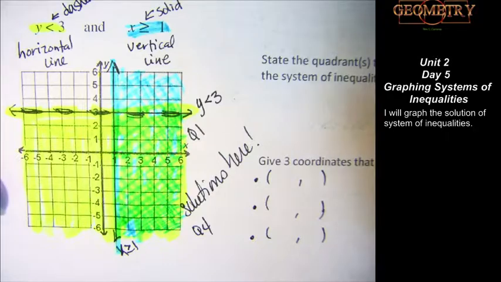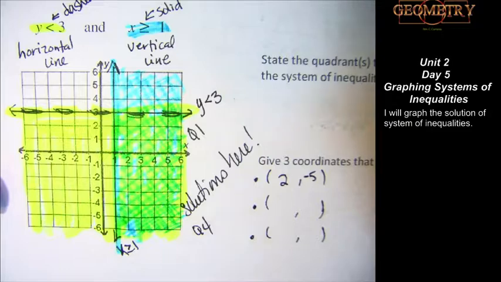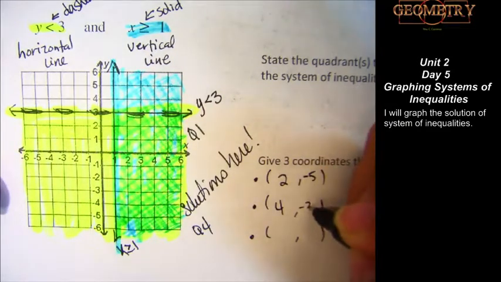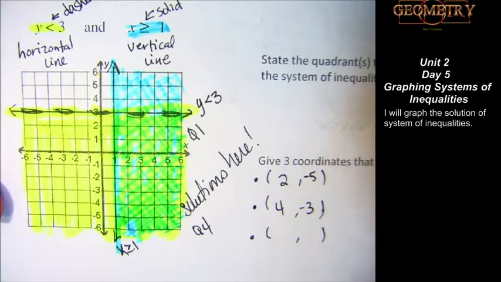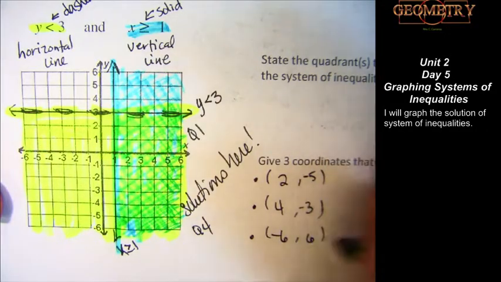Positive 2, negative 5. Okay, one other? Positive 4, negative 3. Someone else? Any coordinate? Negative 6, positive 6.